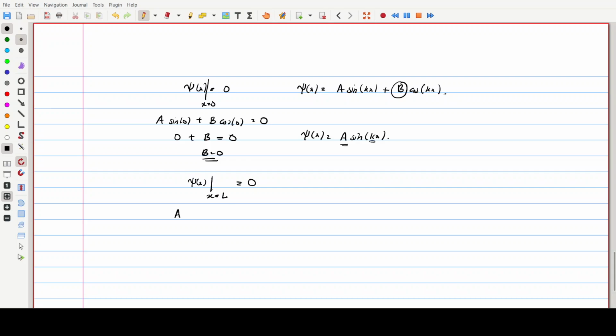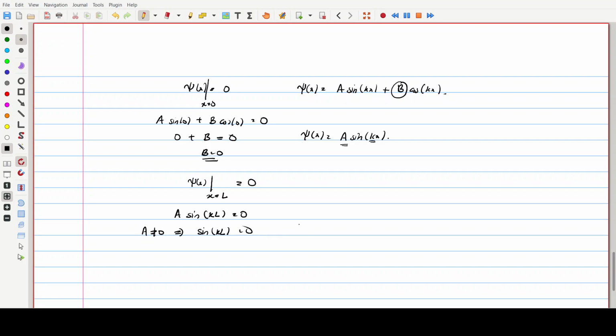So that means A sine kL must be 0. So sine kL must be 0 because A cannot be 0. Because once A is 0, then the wave function will directly become 0. That is not possible. So A must not be 0.